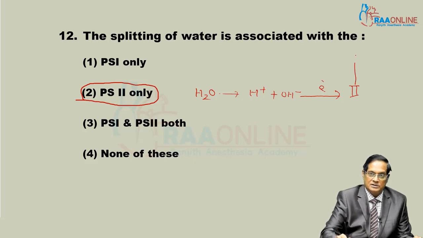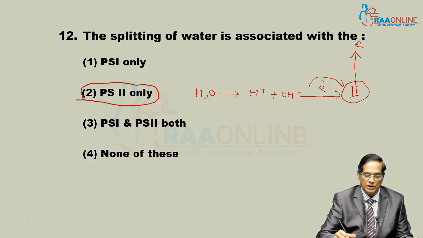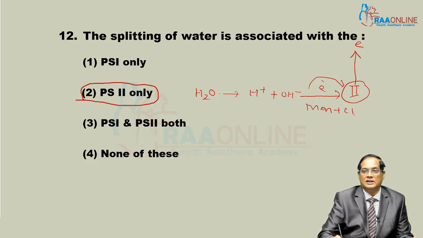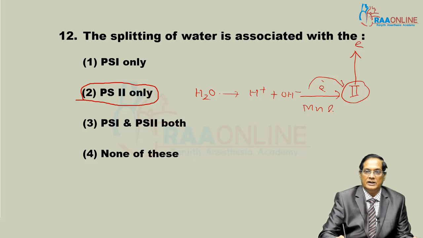Because pigment system number 2 on excitation releases electron, it needs electron, so water donates its electron to pigment system number 2, and here manganese ions, Mn ions, and Cl ions are required. Manganese and chloride ions are needed for the transfer of electron of water to pigment system number 2.